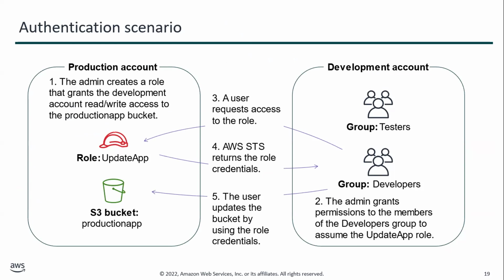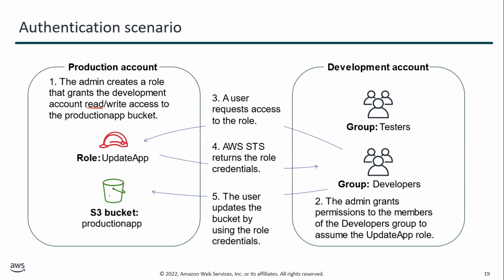Now, there is one authentication scenario that is shown over here. The first thing is the production account, where the admin creates a role for the developers so that they can read and write access to the production app bucket.